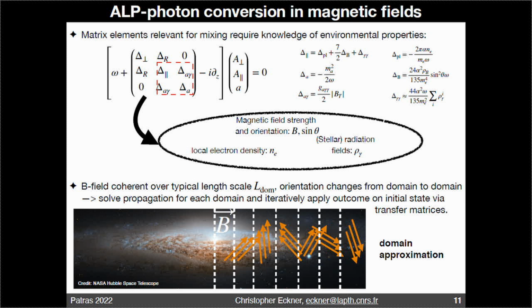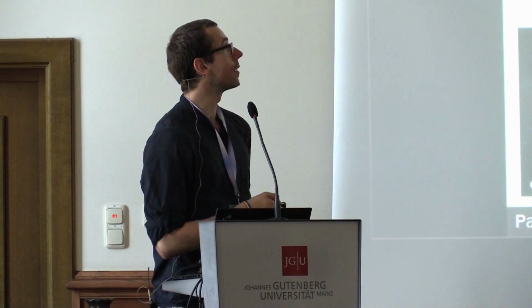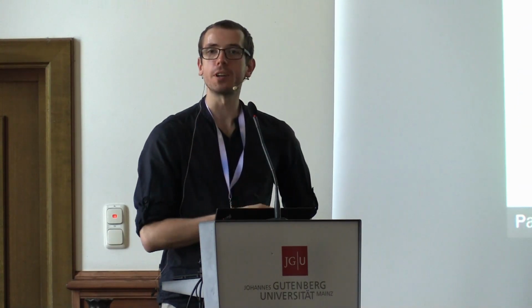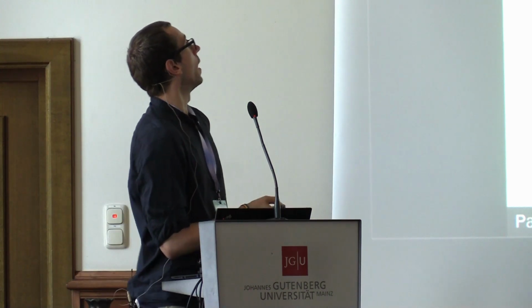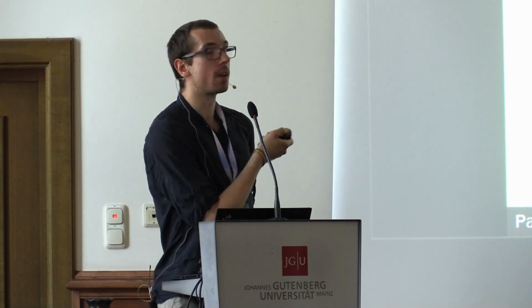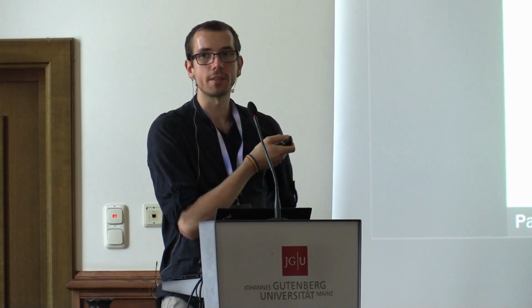And then you go through domain by domain, and at each step, you calculate the conversion probability, and then you simply multiply matrices. And in the end, you get the probability that a gamma ray converts into an axion-like particle. As I said, this requires a lot of literature search to get all the numbers and all the ingredients you need. The final calculation is done with a nice code developed by Manuel Meyer and collaborators, gammaALPs.